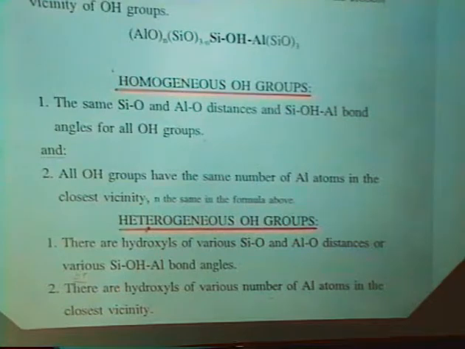Both conditions must be true. On the other hand, heterogeneous hydroxyls are expected in zeolites in which we have hydroxyls of various bridge geometry, or there are hydroxyls of various numbers of Al atoms in the close vicinity of the hydroxyl. It means there are hydroxyls of various N numbers.